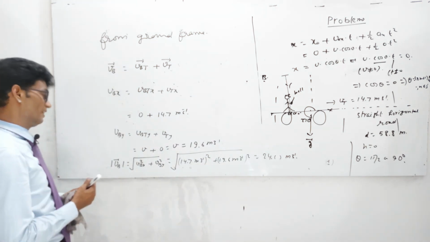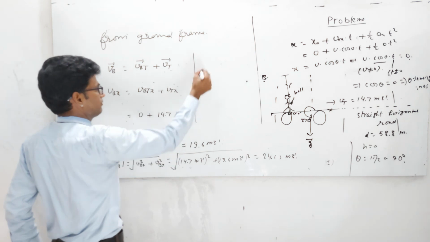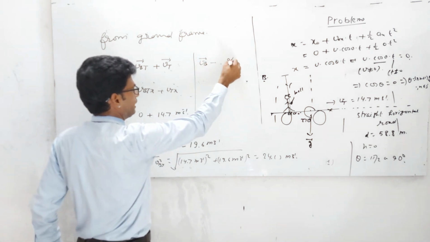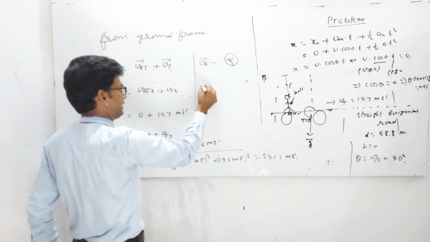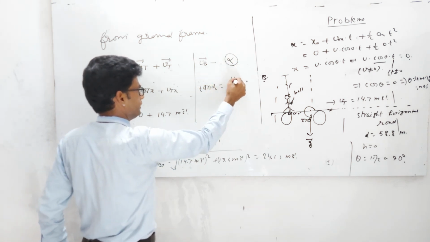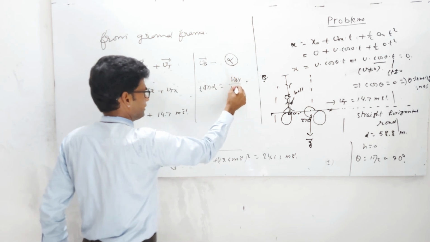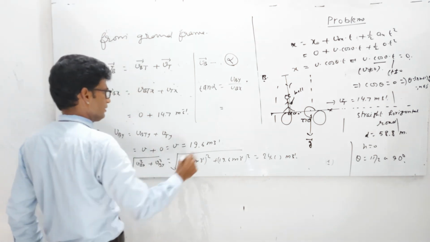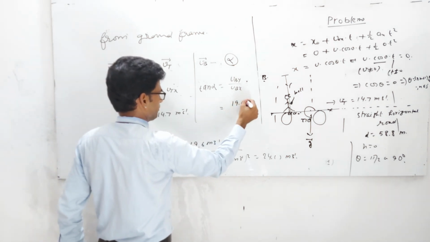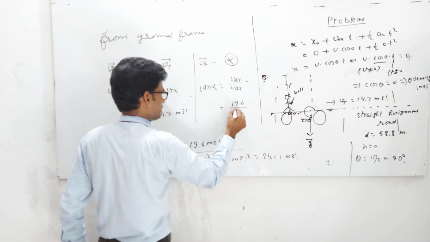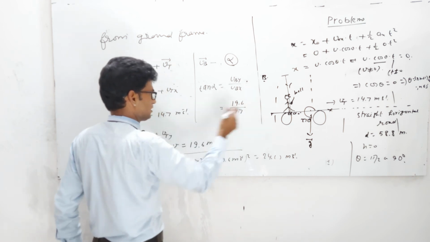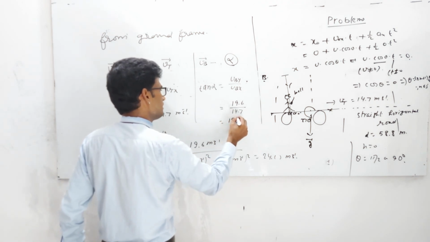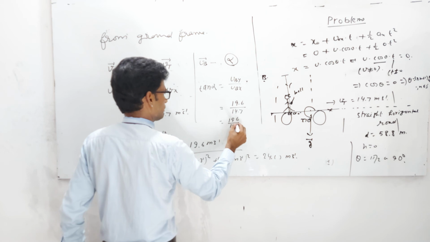But right now, the angle. Say the velocity of the ball with respect to the ground frame makes an angle alpha with the horizontal. Then tan alpha is equal to vby over vbx, which is 19.6 meter per second over 14.7 meter per second. Meter per second is cancelled out here, so this is 196 over 147.